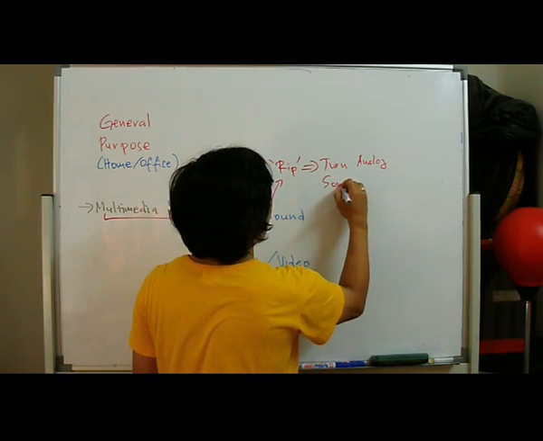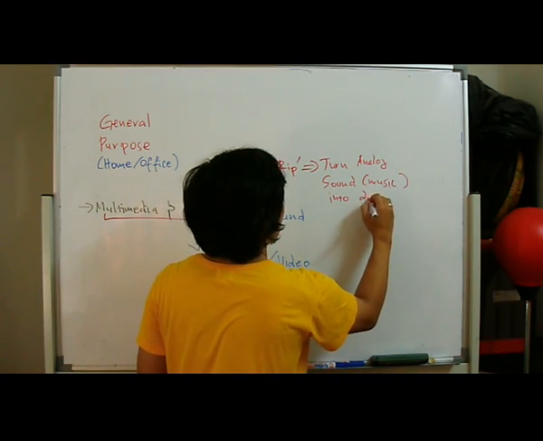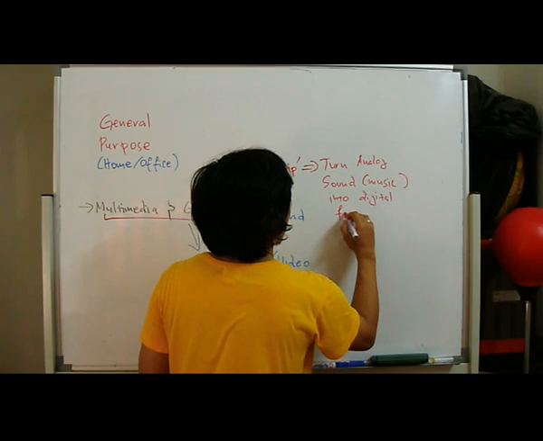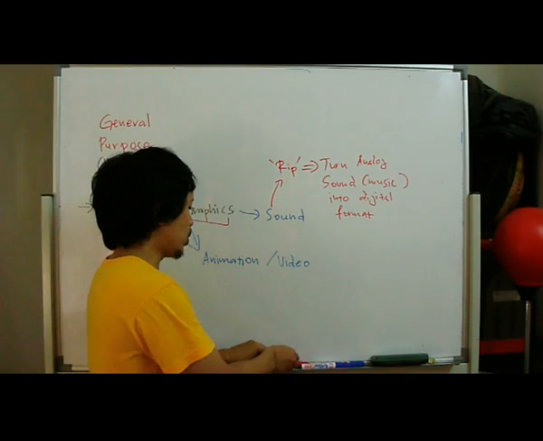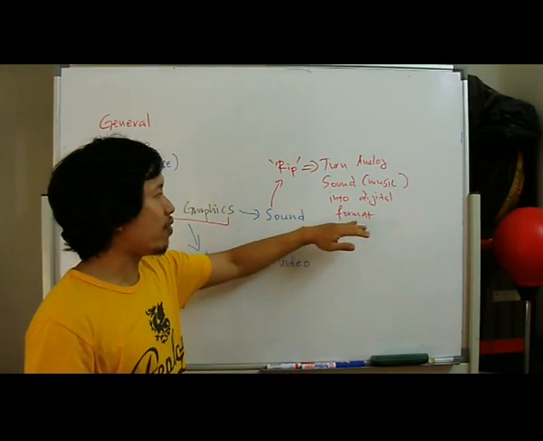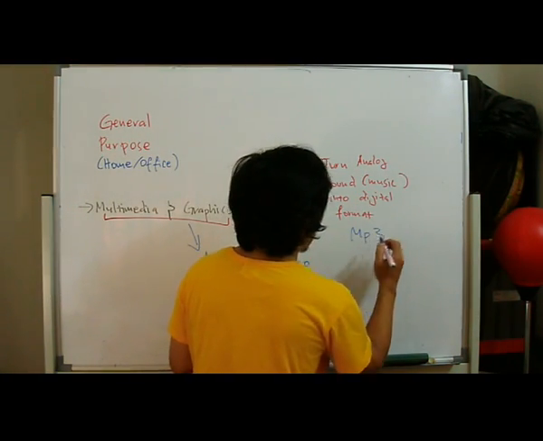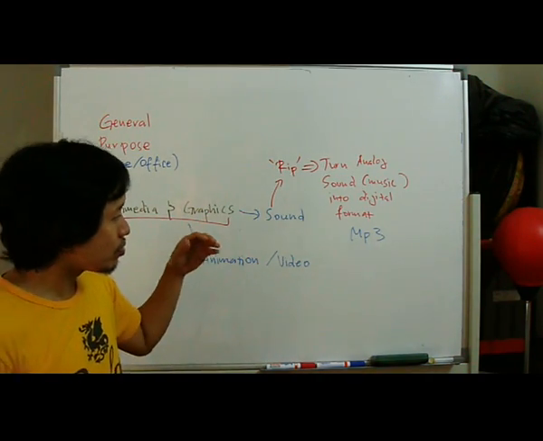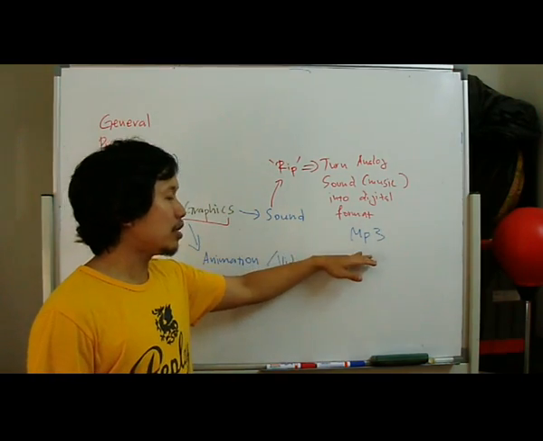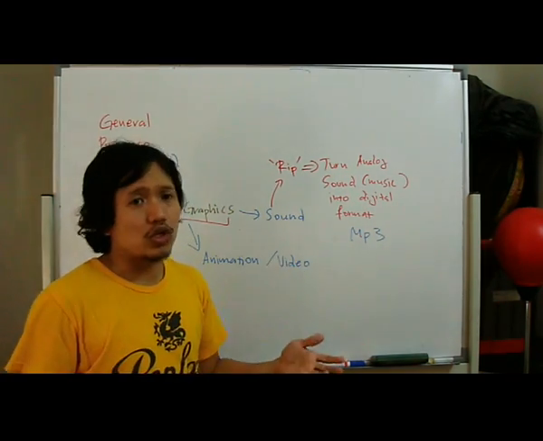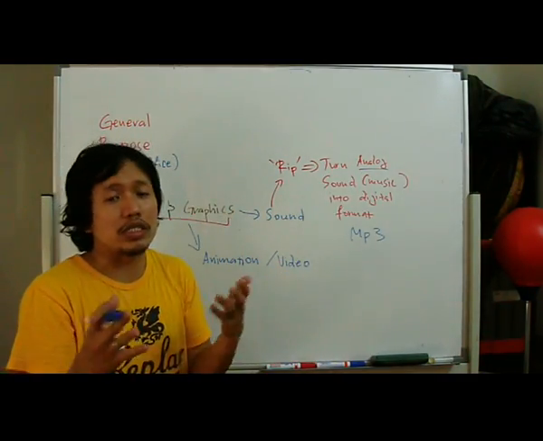Analog sound, music, whichever format inside your CD, you might turn it into, for example, MP3. Now you turn it very small, meaning the same amount of space, let's say 600 megabytes, you can fill in 20 analog songs, so roughly one song is 30 megabytes.